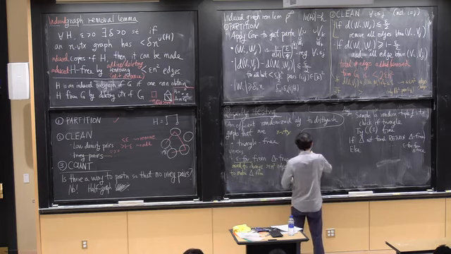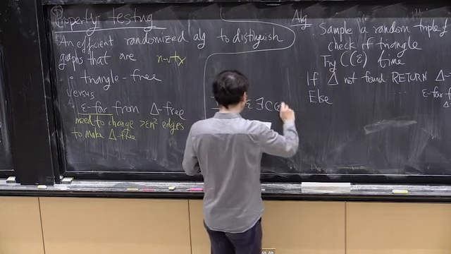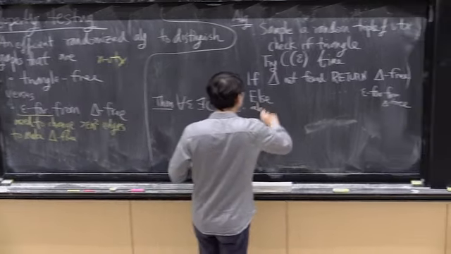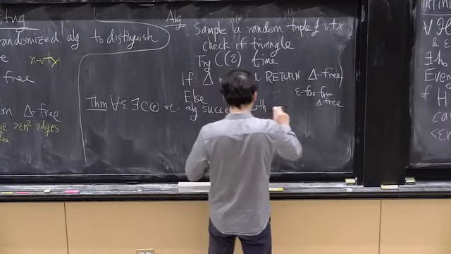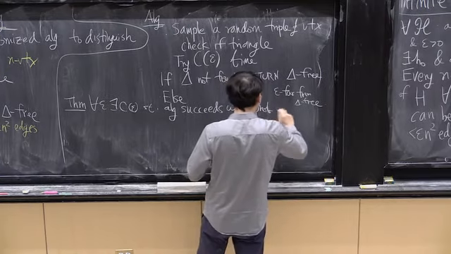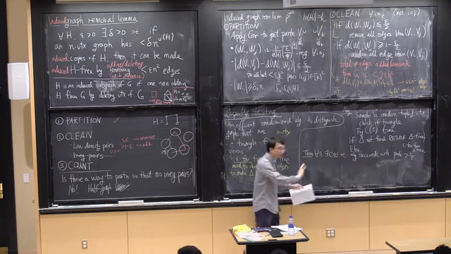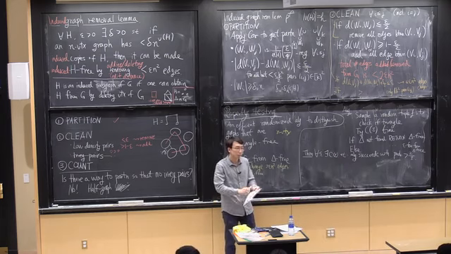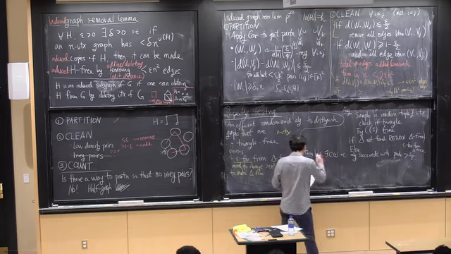So theorem: for every epsilon, there exists a C such that the algorithm succeeds with probability bigger than 2/3, and 2/3 can be any number, right? So any number that you like, because you can always repeat it to boost that constant probability.